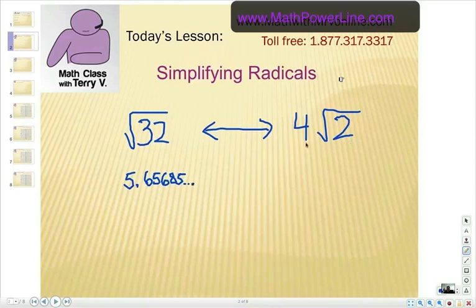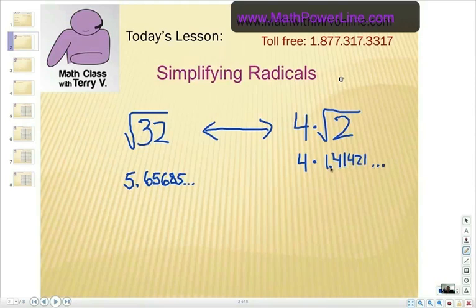Now, believe it or not, 4 radical 2, or 4 times radical 2, is about the same as what we got over here. Okay? So, let's say we took the 4, and then on our calculator we did the square root of 2. Well, if you work that out, it's about 1.41421, and so on, goes forever.